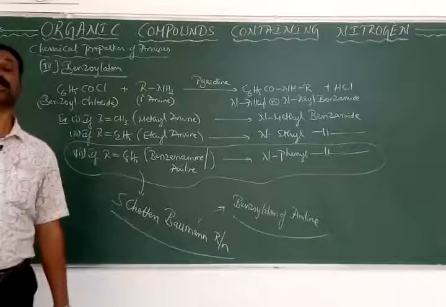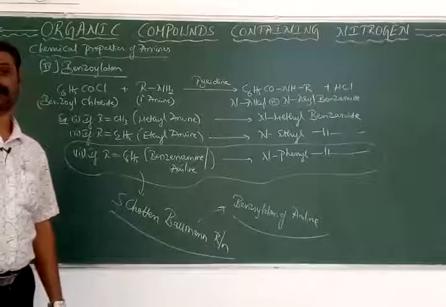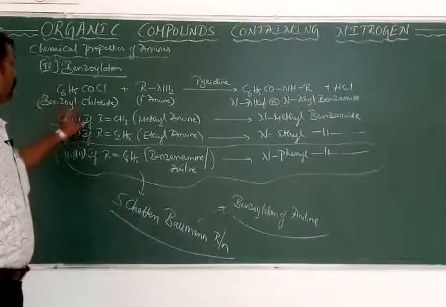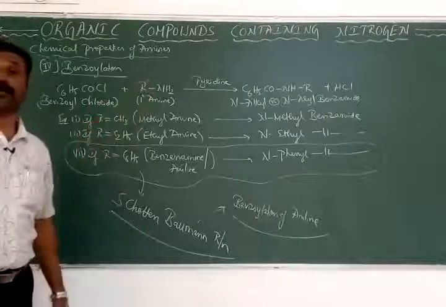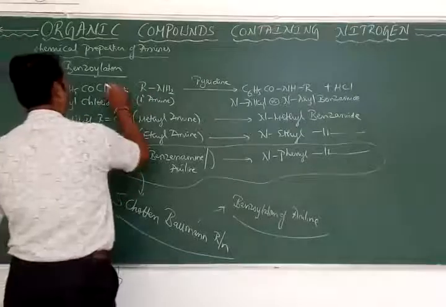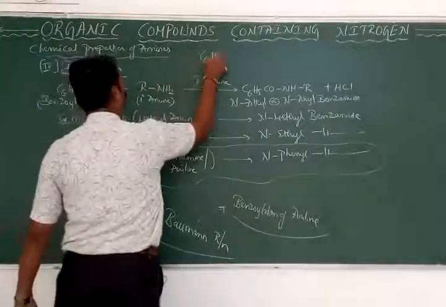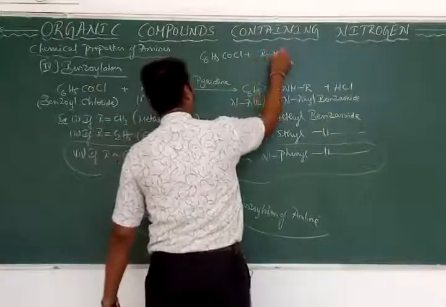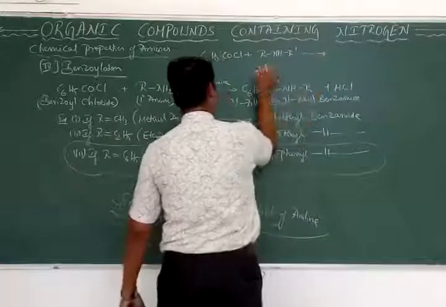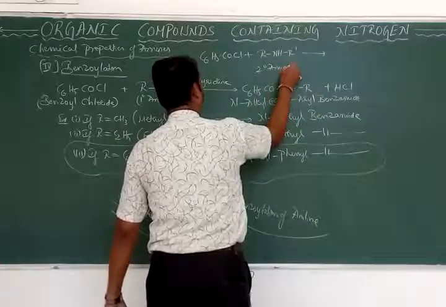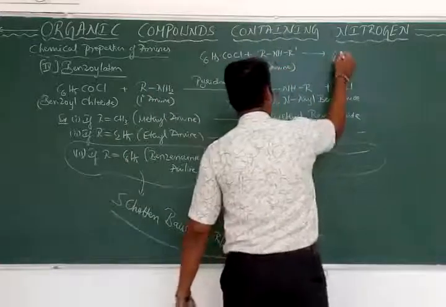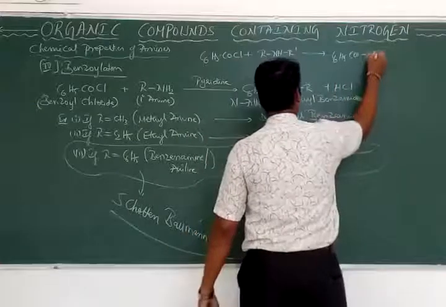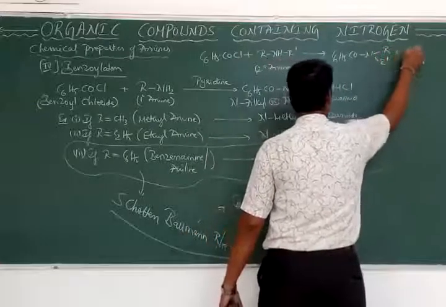Similarly, if it is secondary, benzoyl chloride made to react with secondary amine to form what? Benzoyl chloride, C6H5COCl, plus RNHR', an example for a secondary amine, gives C6H5CONRR' plus HCl.